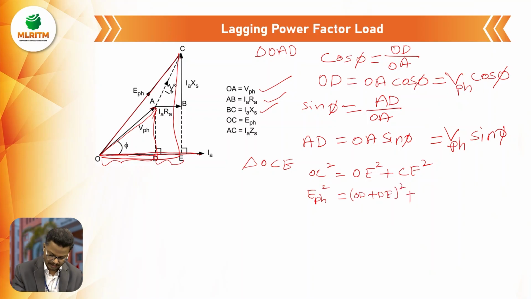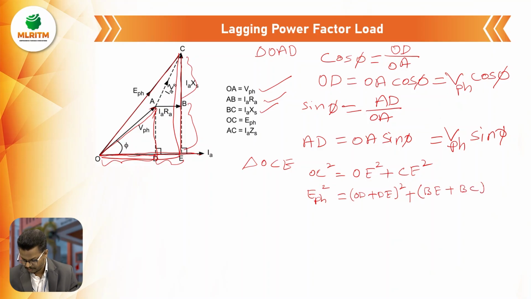Another line is CE, which can also be written as two parts: one is BE and another is BC. So we write (BE plus BC). Now we know the values of OD, DE, BE and BC, so we substitute here.